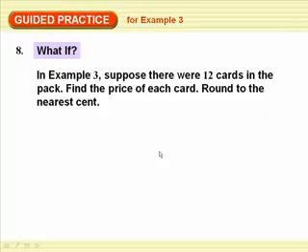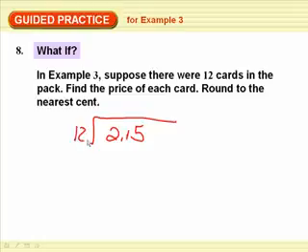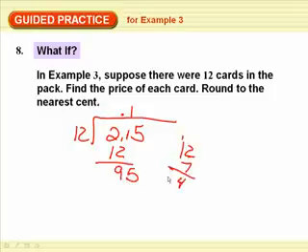Okay, so on this one, the guided practice, it says, in example 3, suppose there were 12 cards in the pack. Find the price of each card. Well, we're going to still take the $2.15, but this time we're going to divide that by 12. So bring our decimal up, 12 goes into 21 once, which leaves 95. 12 goes into 95 about 7 times, which is 84.